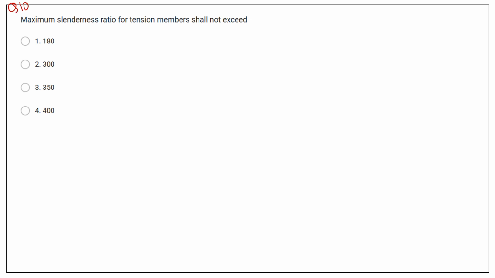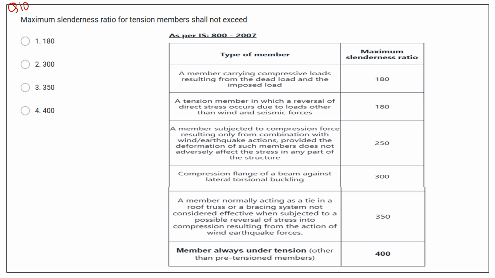Question number 10. Maximum slenderness ratio for tension members shall not exceed? This is the table for the slenderness ratio by IS 800 2007. In the first column, the type of member is given. For compressive load resulting from the dead load and imposed load, the slenderness ratio is 180.